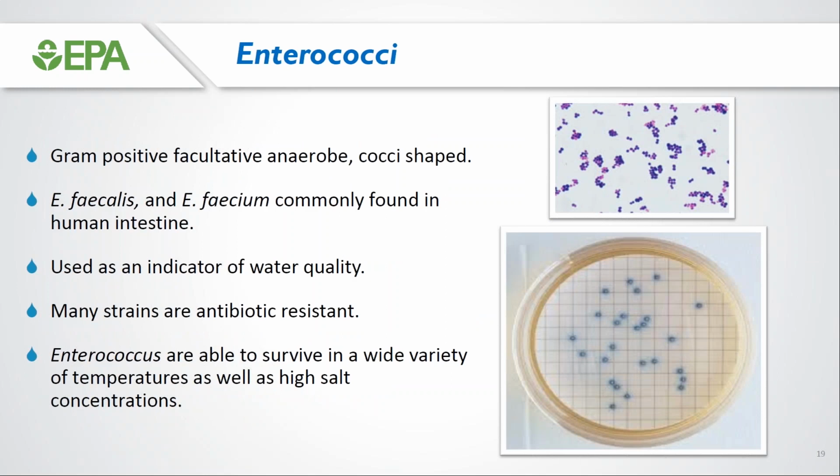So the next class of organisms that I'm going to talk about, bacteria-wise, are gram-positives. Everything that I've spoken about before this were all gram-negatives. This is a gram-positive bacteria. Enterococci are very small, and there are some that are commonly found in the human intestine, and we use them as an indicator of fecal pollution.